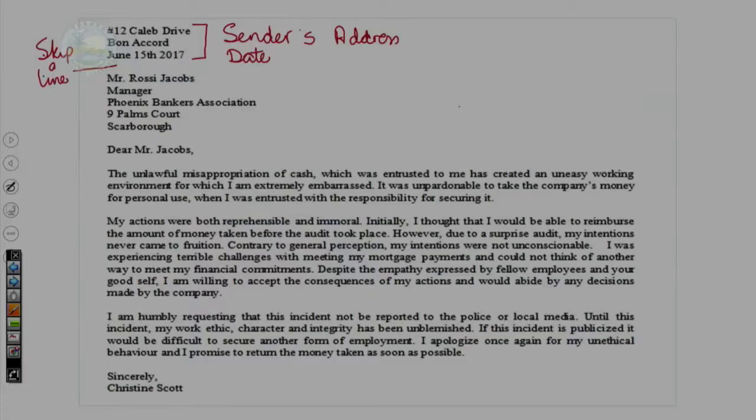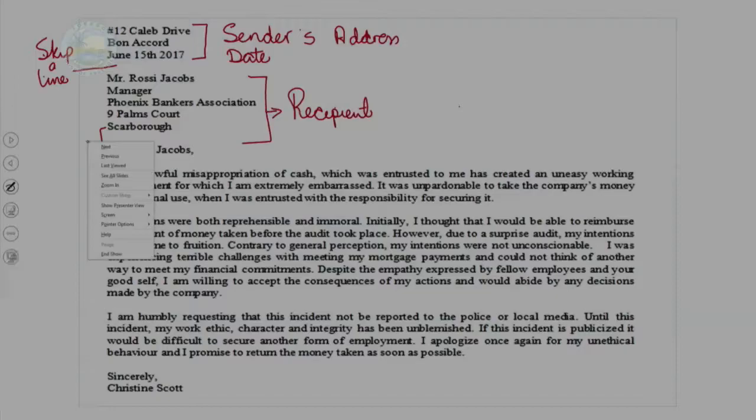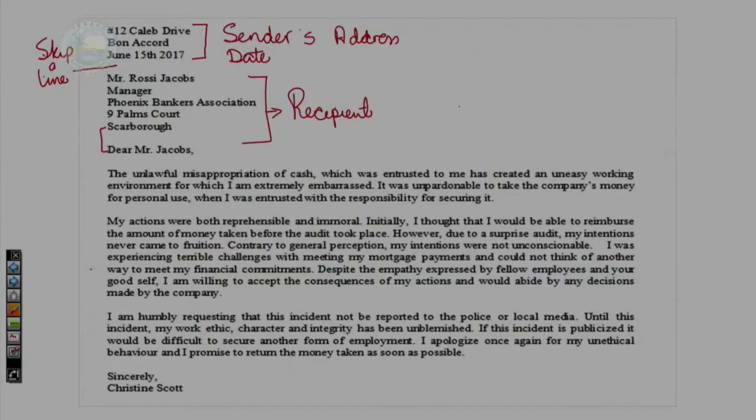We skip a line and we get to the receiver, our recipient. You want to make sure that you have who it is going to. And then again, we skip a line right here, and you get to your greeting, your salutation.